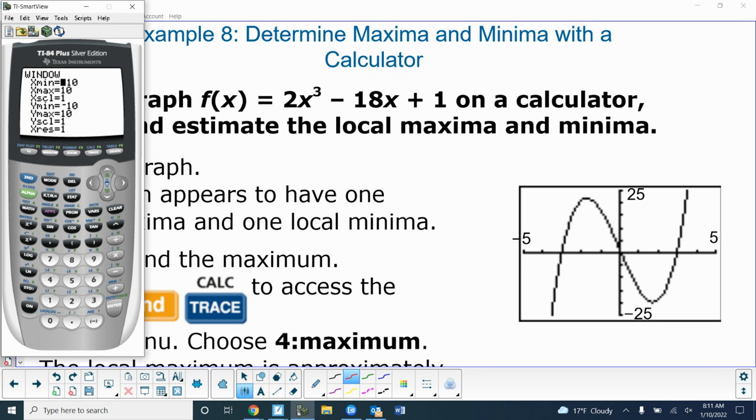They went from -5 to 5, so you just hit -5, enter, 5. Goes by 1s, you can tell: 1, 2, 3, 4, 5. And then they're going from negative 25 to positive 25, and they're going by fives: 5, 10, 15, 20, 25. You can set it up however you want. You don't have to see the whole thing.